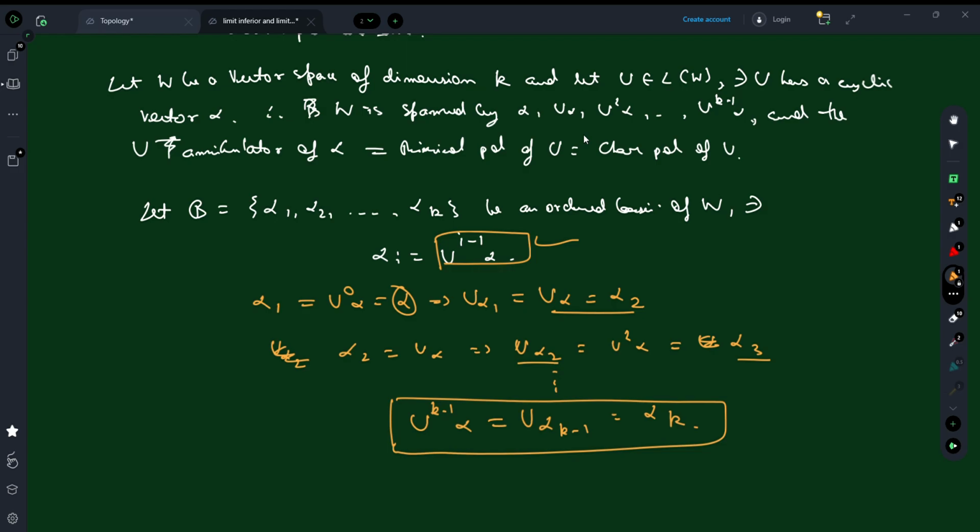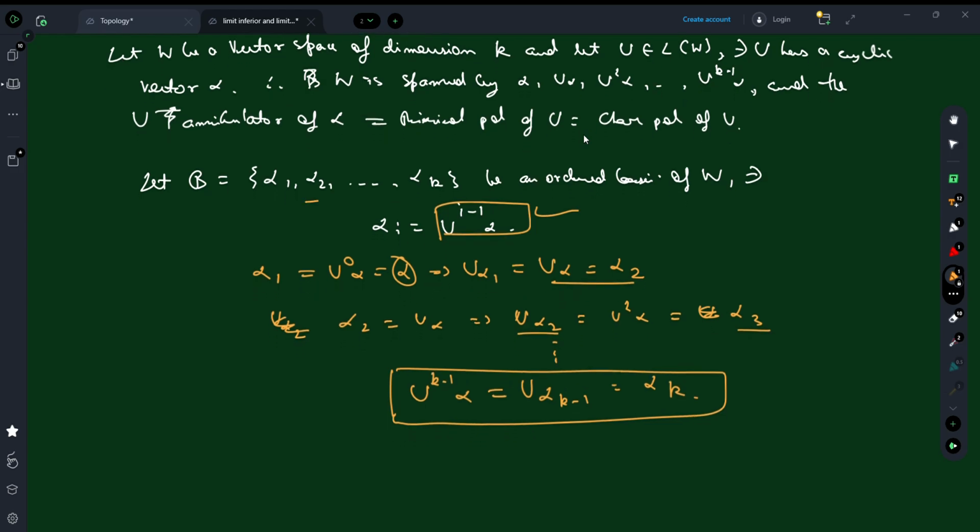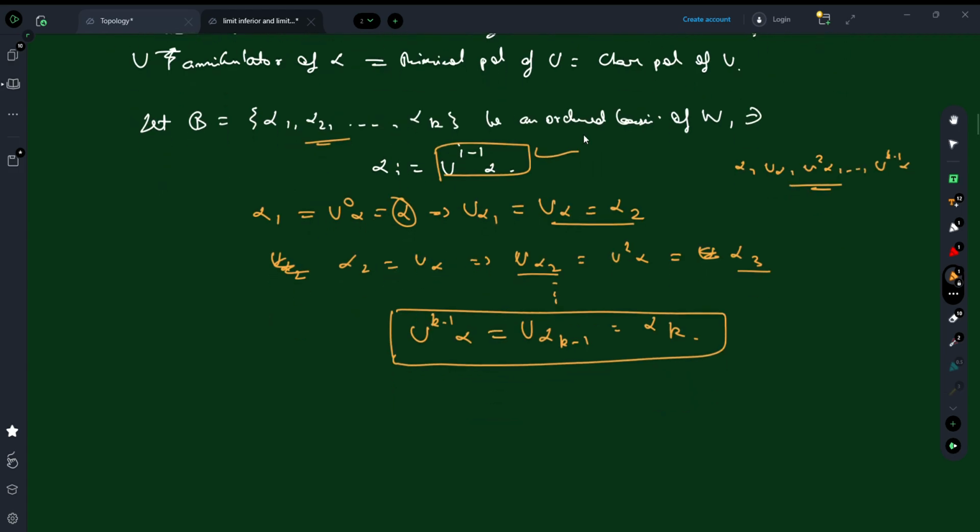So one obvious observation is that this basis is typically of the form alpha, U alpha, U square alpha, and so on till U to the power k minus 1 of alpha. Therefore, observe that U alpha i is nothing but alpha i plus 1 for all i equal to 1 to k minus 1, right?